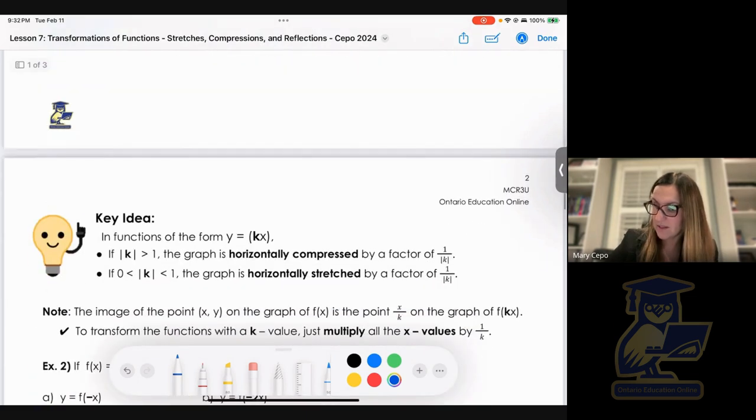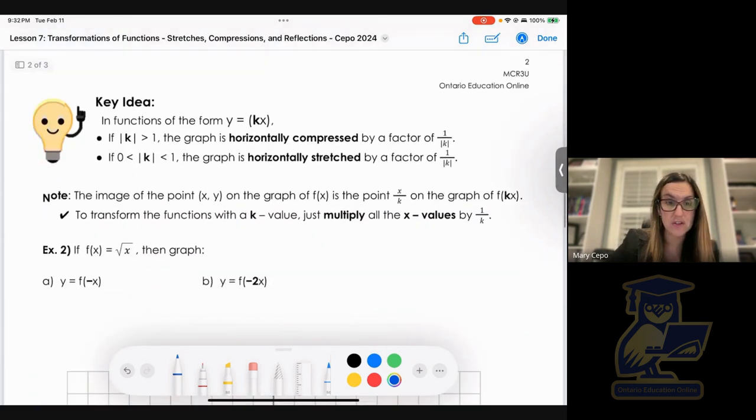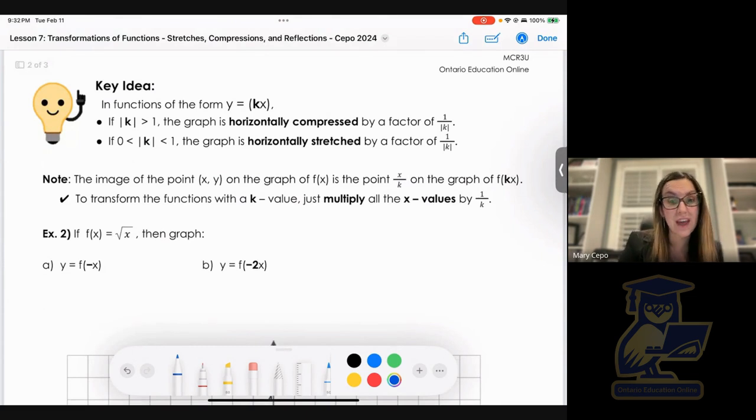With that, we can summarize in functions of the form y is equal to f of kx. The number attached to the x, that coefficient, is represented by the variable k. If that k value is greater than 1, the graph is horizontally compressed by a factor of 1 over k.